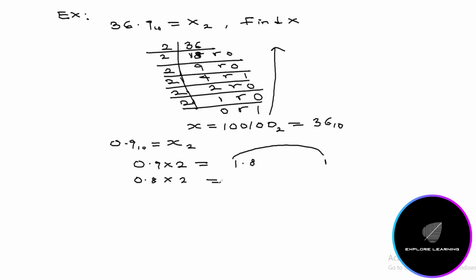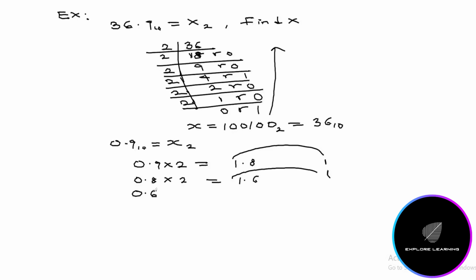So that will give us 1.6. All right, so the rule says take the value before the decimal point, which is 1. Now, to determine the next value we need to use for the next round of multiplication, we need to say 1.6 minus 1. So 1.6 minus 1, we're going to get 0.6.